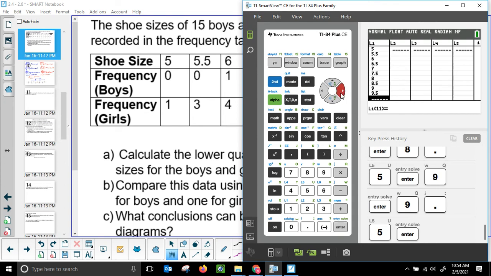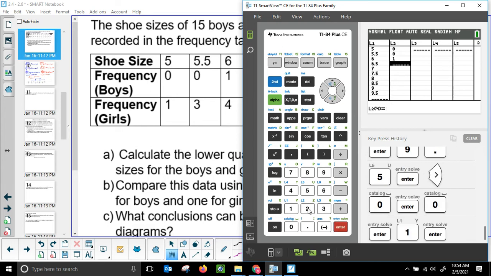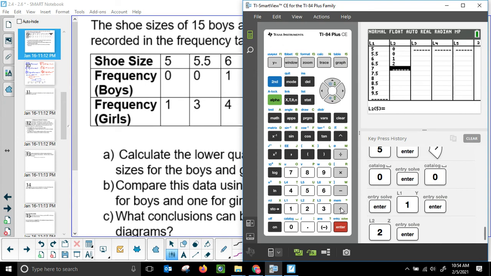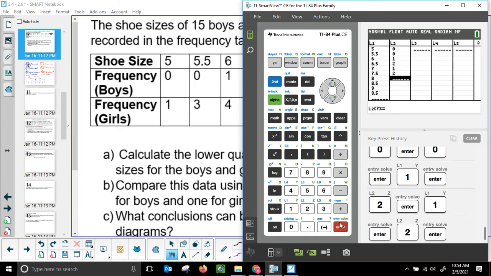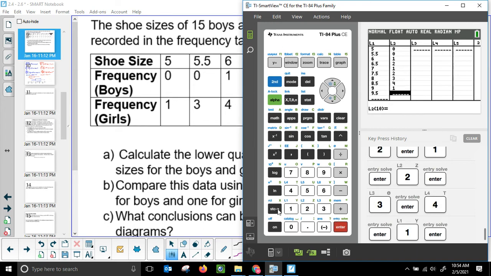Now our boys will put in L2. And that data, we have 0, 0, 1, 2, 1, 2, 3, 4, 1, 1.